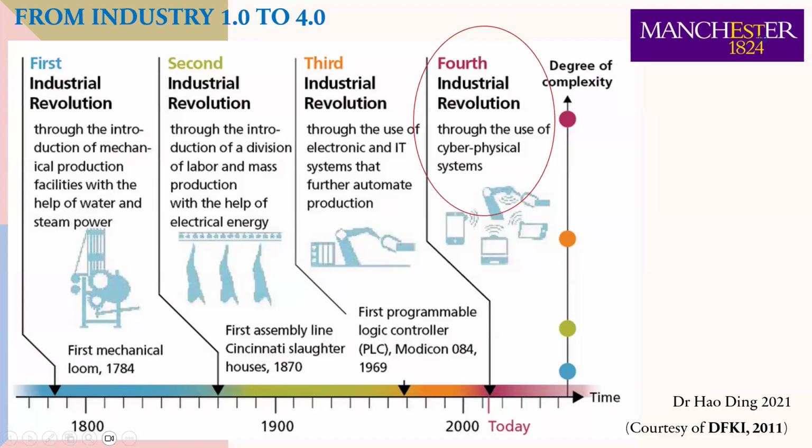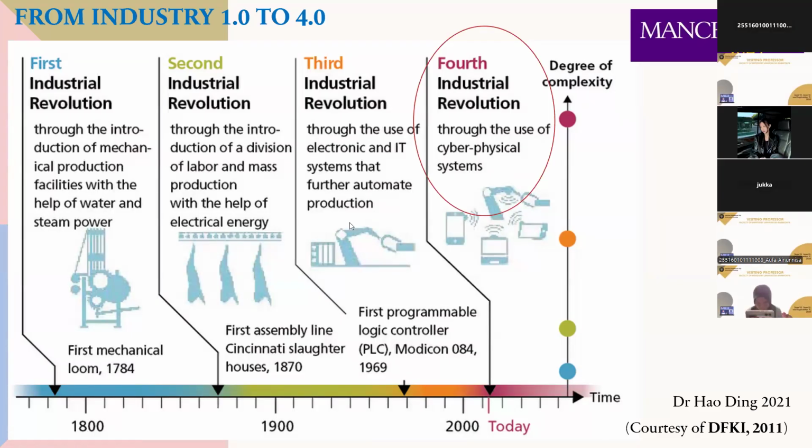Then we have the second industrial revolution through the introduction of division of labor and mass production with the help of electricity. And the first mechanical revolution was based on water and steam power. Then the third revolution, not so long ago, was based on the use of electronics and information technology systems promoting automated production. And now we can call this the fourth industrial revolution through the use of cyber-physical systems. What are cyber-physical systems? They are artificial intelligence.